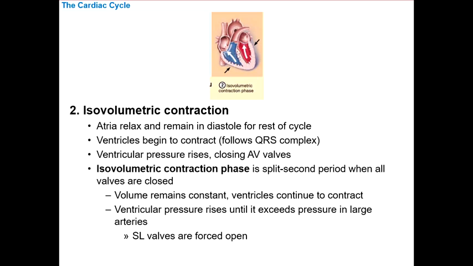Of course, the contraction and the pressure inside of these ventricles are going to reach a point where it's going to force these semilunar valves open. That's the pulmonary valve, and the aortic valve, which you can't really see here. And when those semilunar valves are forced open, that ends isovolumetric contraction, because it's not the same volume anymore, because blood is being forced out into the large arteries.